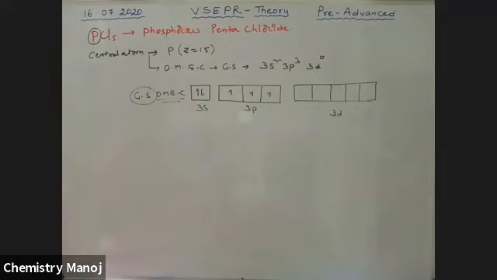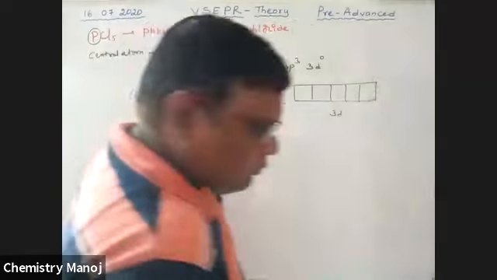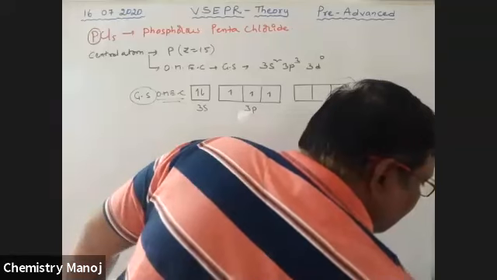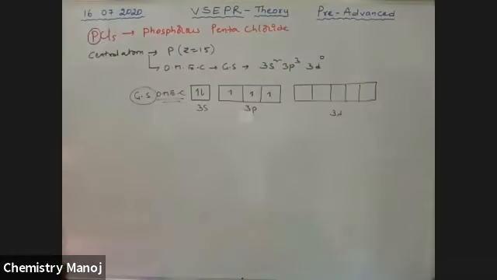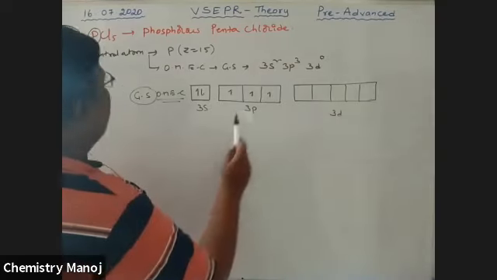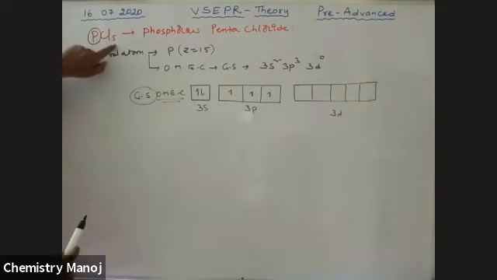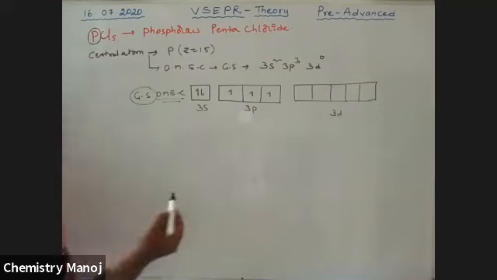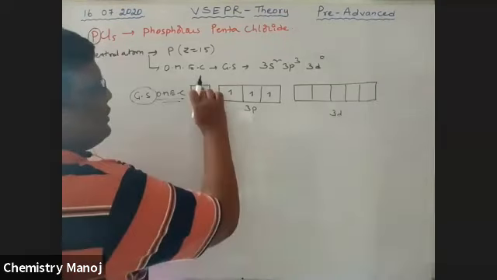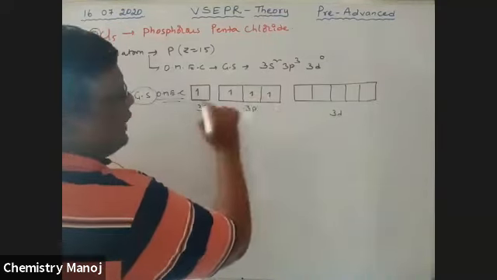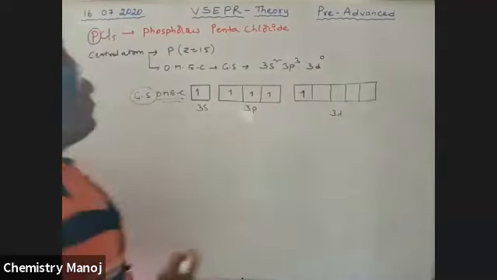This is the ground state outermost electronic configuration for phosphorus. It has only 3 unpaired electrons, but phosphorus can form 5 bonds. For that purpose, excitation takes place. An s electron jumps from the s orbital to the d orbital.